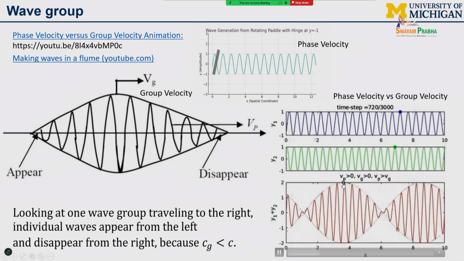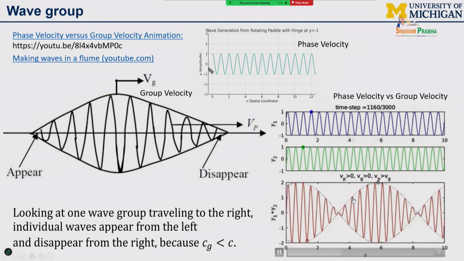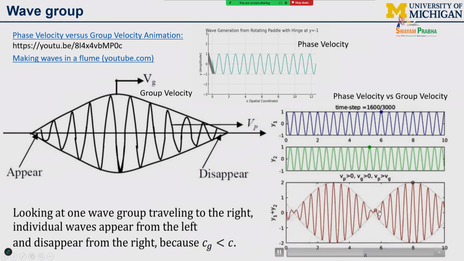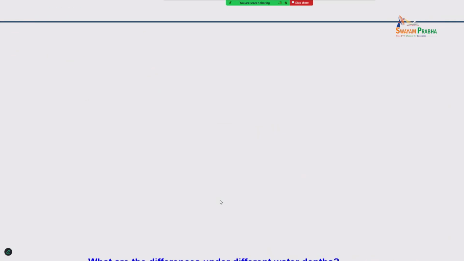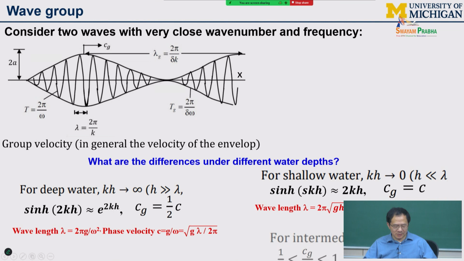This figure shows the red dot moves faster than the black, which means the group velocity is smaller than the phase velocity. So these two, group velocity and phase velocity, are different.